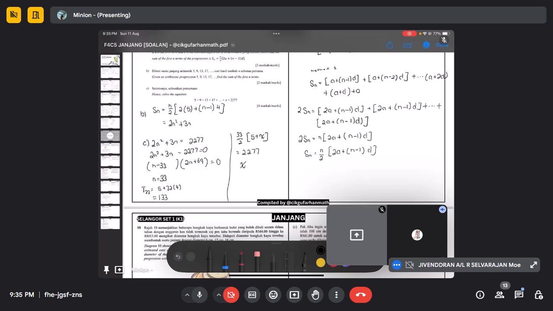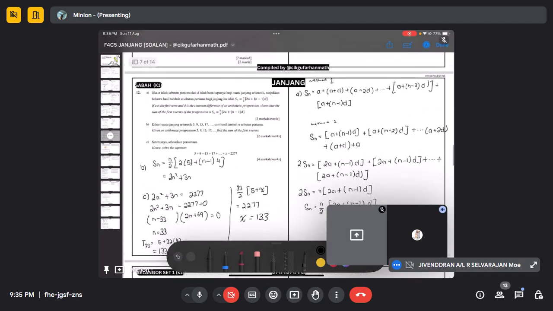Value of x into 122. And that's it. So revision room, do you have any explanation for this?